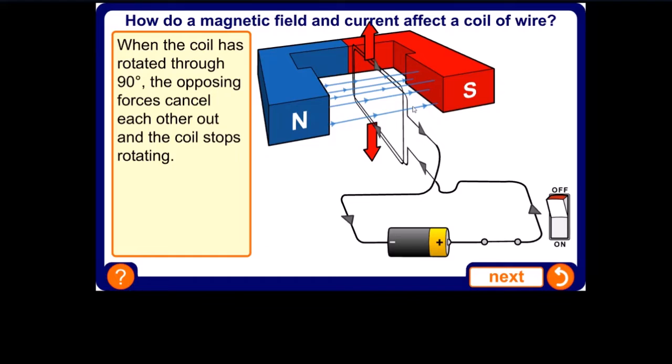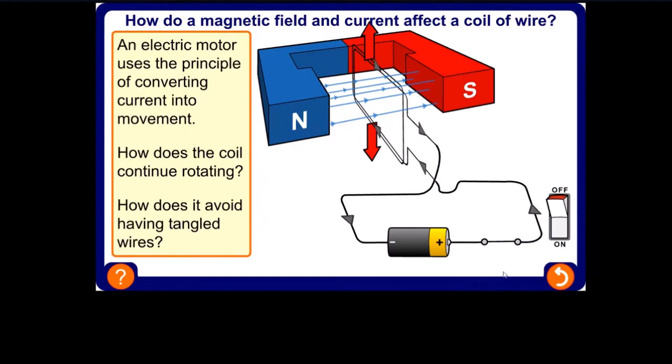So although we've managed to get some movement of the coil, what we haven't managed to achieve here is a fully turning electric motor. Because what we would need to happen at this point, if we wanted our motor to carry on spinning, is the forces would have to switch. So the force on this top wire became downwards, and the force on the bottom wire became upwards.